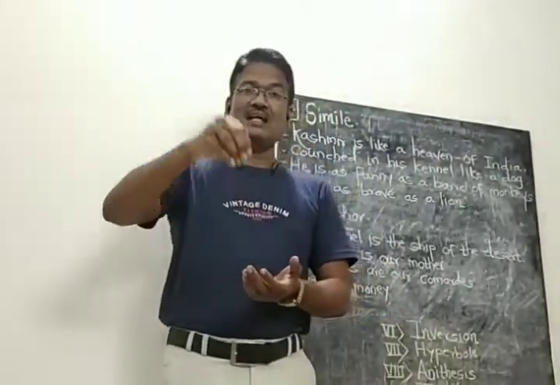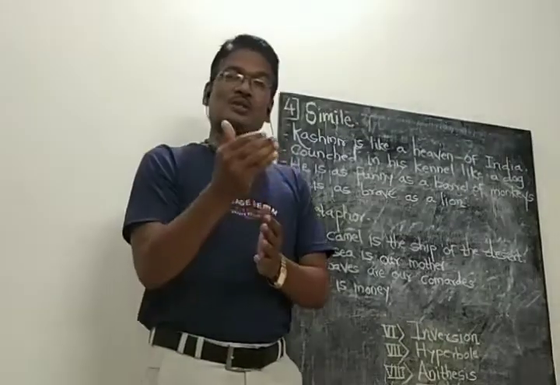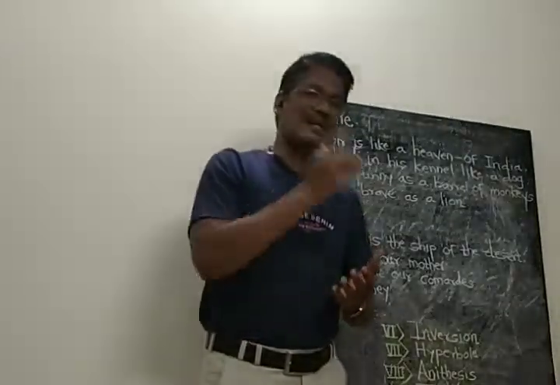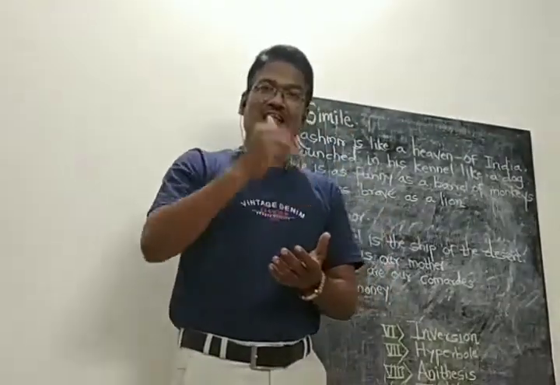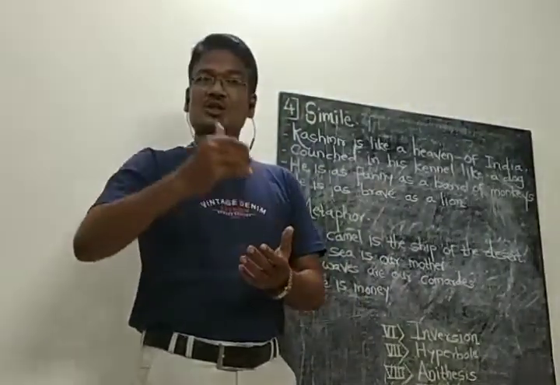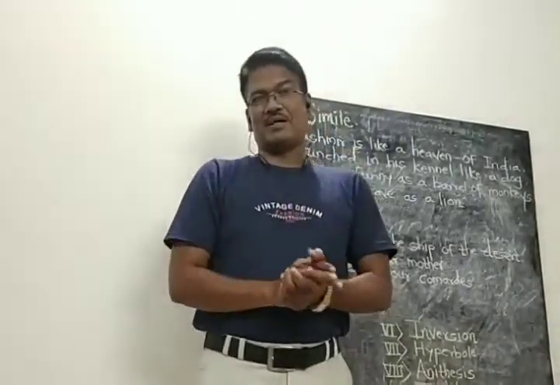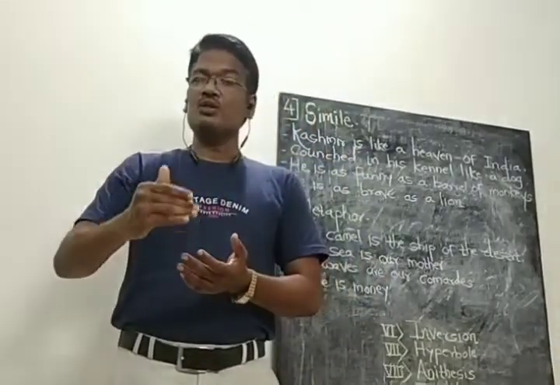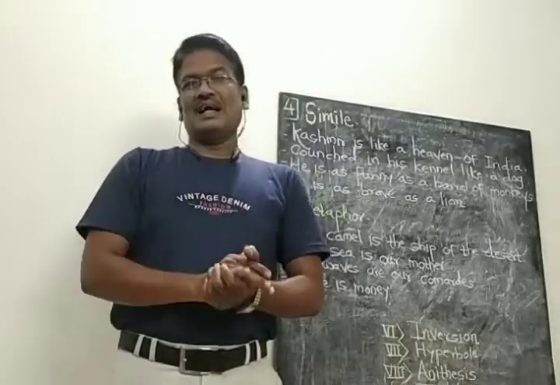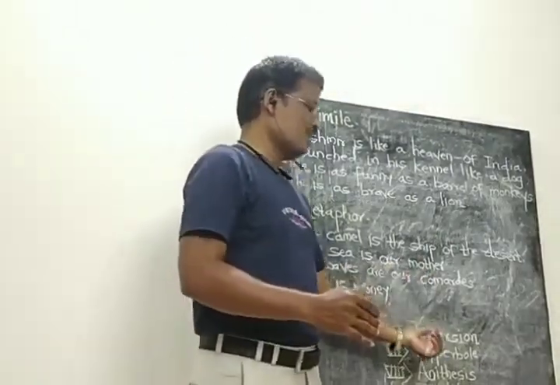Every poet has a right to construct the sentence according to his own skill, his own idea. In such cases, when the construction of a sentence is not according to the proper rules of grammar, not according to the prose pattern S plus V plus O, this figure of speech is known as inversion.